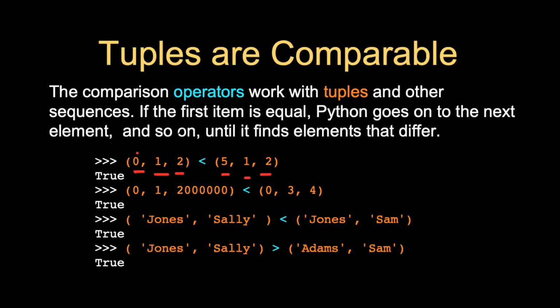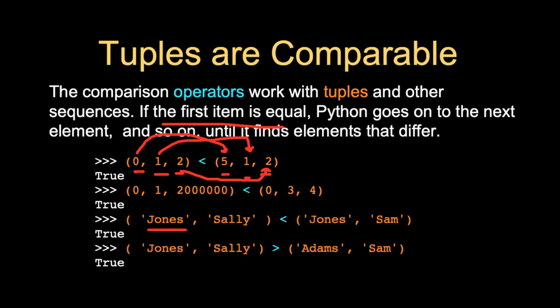So 0 is going to be compared against 5, and then 1 is going to be compared against its member-wise equivalent on the other side, and then 2 is going to be compared against its member-wise equivalent on the right side, which is 2. As soon as the first comparison takes place, if they're equal, it goes on to the second. But if the very first item is not equal, then you're done. That's how comparisons work using tuples.